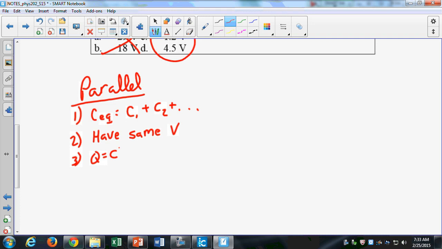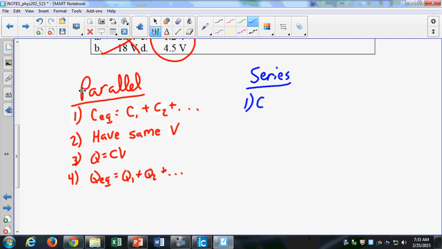Q is equal to CV. And then we had this extra rule, that the equivalent charge is equal to Q1 plus Q2 plus however many capacitors you have. So whatever charge you have on that equivalent capacitor, each of the individual capacitors have to add up to equal that.